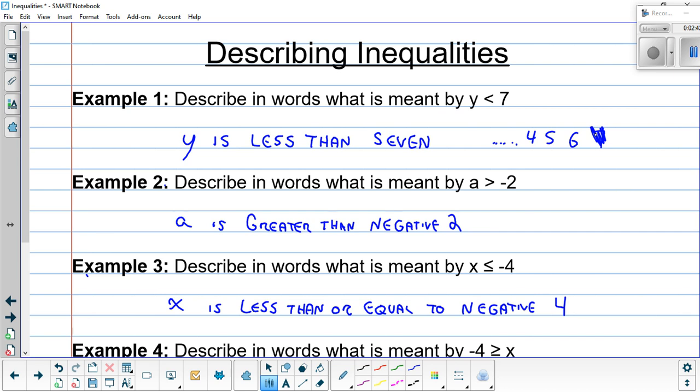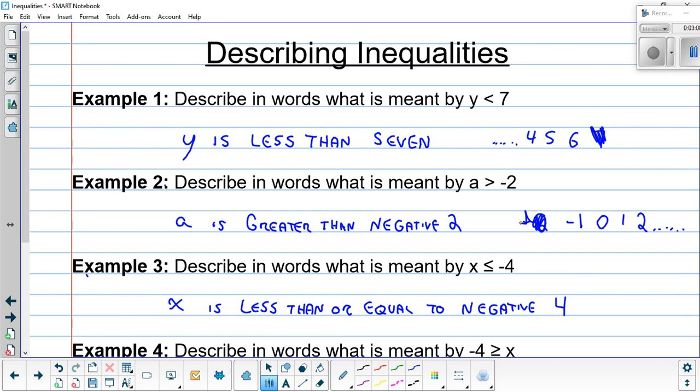Similarly, with the next one, a is greater than -2. We have -2. Well, greater than -2 is going to be -1, 0, 1, 2, and so on. But then we look, oh, it can't be -2, so we'll cross it out, and those are our integer values. After that, what about this less than or equal?